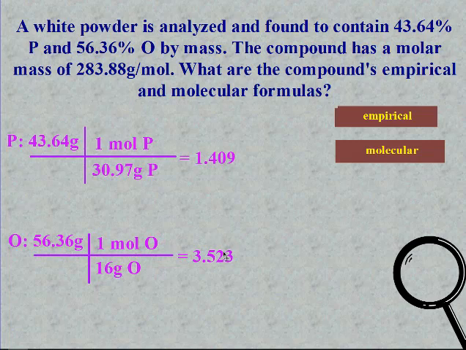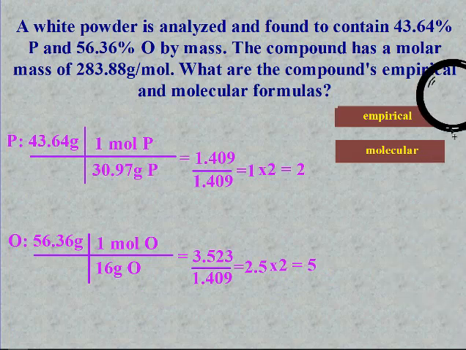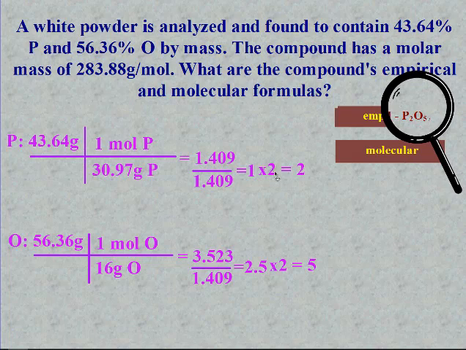Once we get our moles, we compare them. 1.4 is smaller, so we divide both of them by 1.4. But in this case, we did not get whole numbers. We got a 2.5, so we needed to multiply both of them by 2 to get whole numbers. So our empirical formula is P2O5.